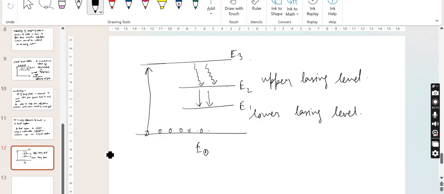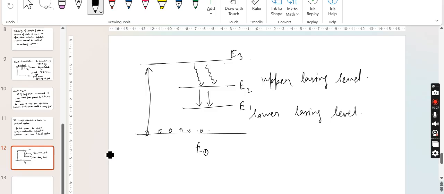So the atoms come down non-radiatively to E2. Initially there are no atoms in E1, so population inversion is already established.